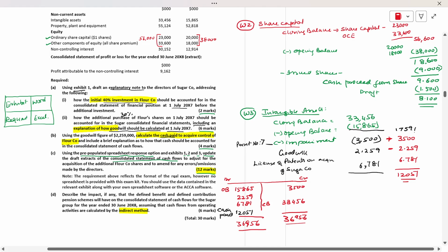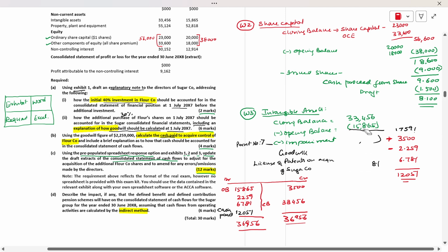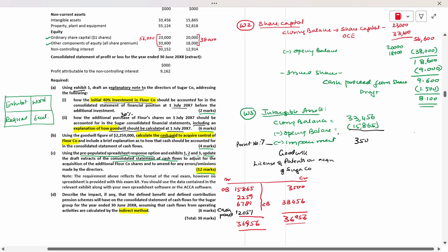You can do like this, or you can do like now. I will make a correction here. Whichever you find convenient, you can do. 3500. Goodwill is how much? 2259. And 6781.